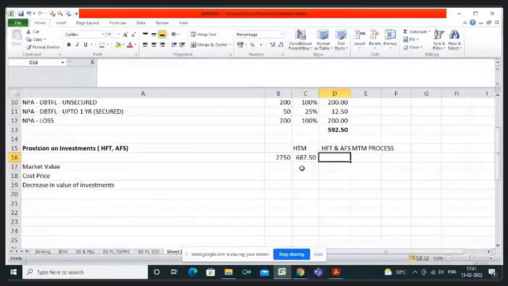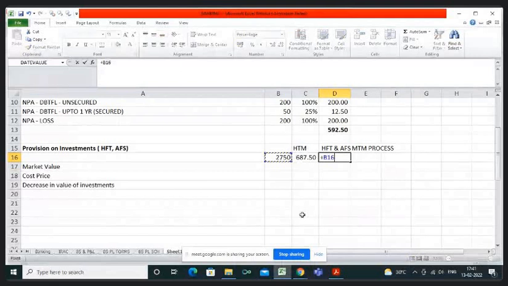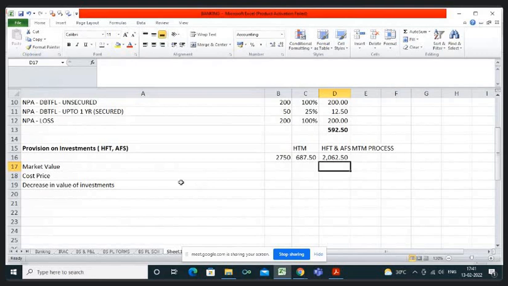And how much will be HFT and AFS? It will be 2750 minus HTM, the balance, 2062.50. So the cost price in the case of HTM will be the cost itself, 687.50.